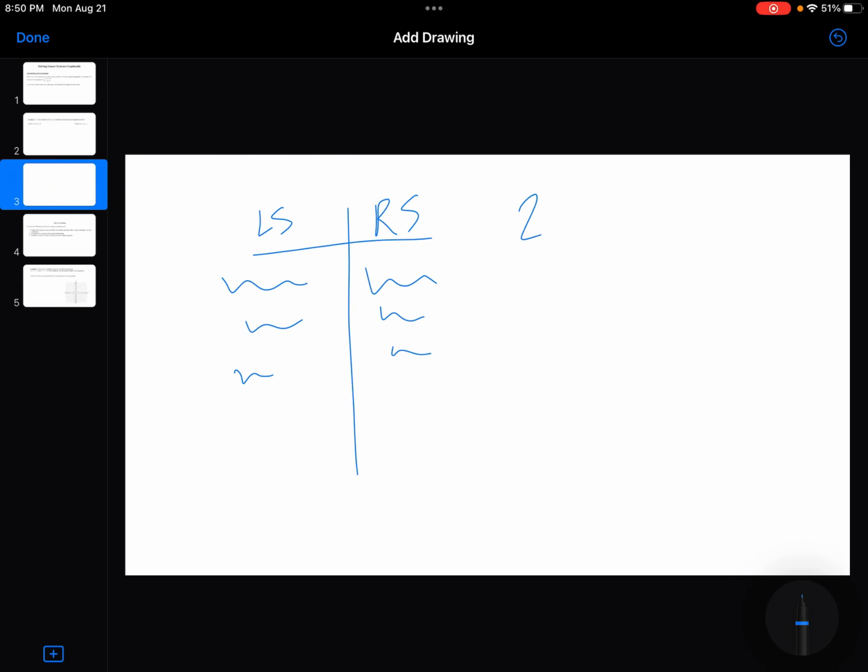So you never want to write something like 2 times 2 plus 3 equals 4 minus 2 and then 2 times 2 equals 4 minus 2 minus 3. That's not proper form. You'll lose marks for doing that.